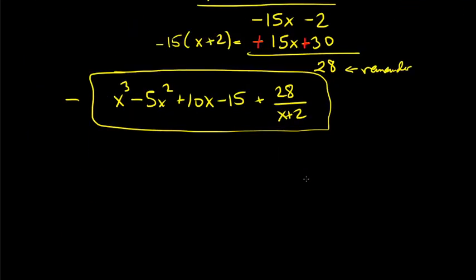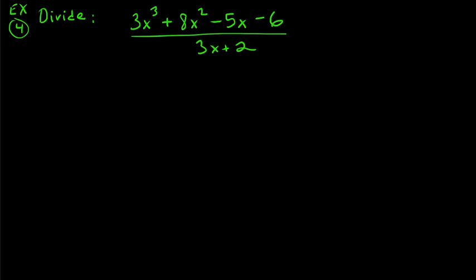All right, so I think I'll let you try one now. Okay, so next example, divide 3x cubed plus 8x squared minus 5x minus 6 all over 3x plus 2. Okay, so I'll get you started, right?